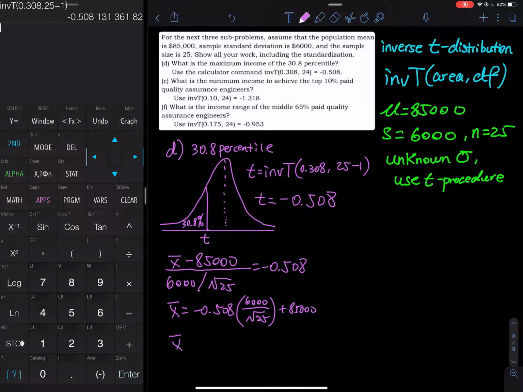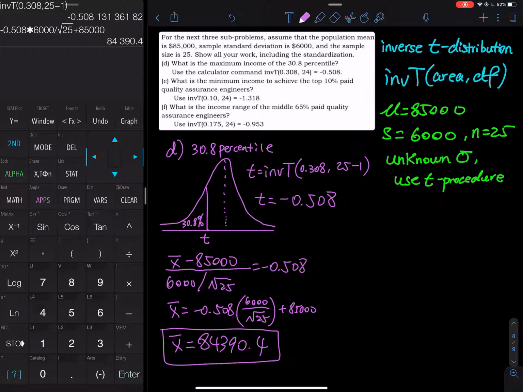So let me show you how to type this in one line in your calculator. Negative 0.508, multiply by 6,000, and divide by the square root of 25. You don't need any parentheses because the order of operations is correct. And this is 84,390.4. So if your income is this or below, then you are in the bottom 30.8%.